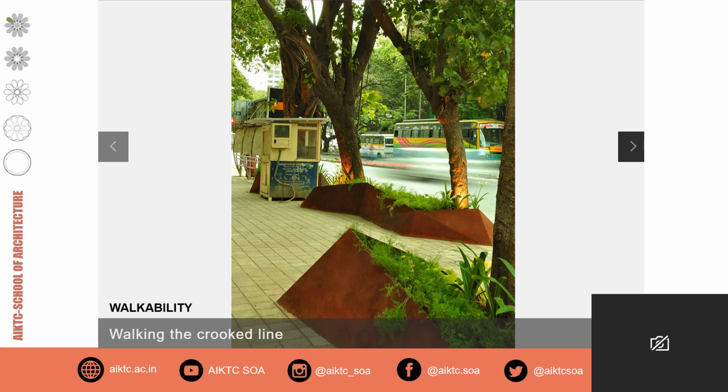The concept of walkability is not walking in a straight line but walking with halts and pauses during the movement, which creates chance interactions. Hence, crooked line walking, where you are able to design smaller niches where people can halt or wait and talk to each other in case of any chance interactions or just wait by in the area.